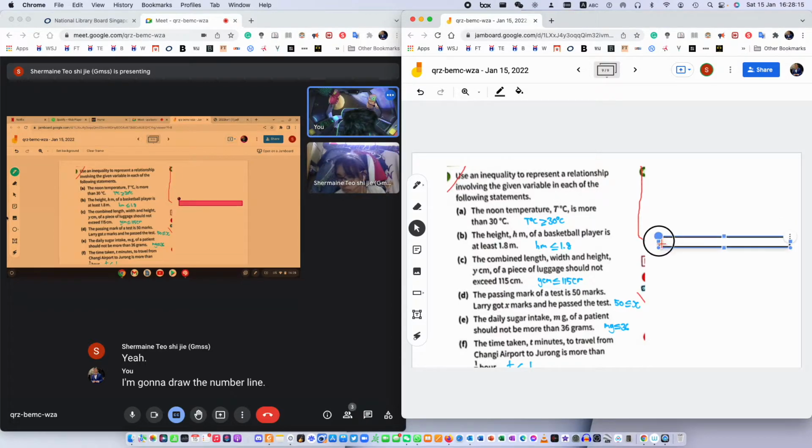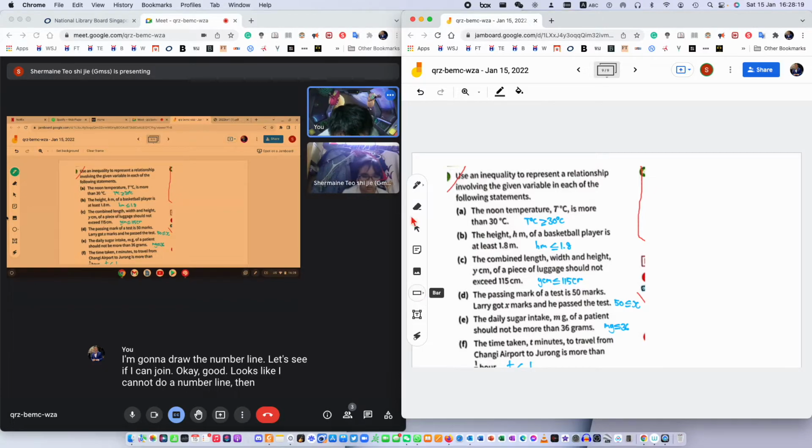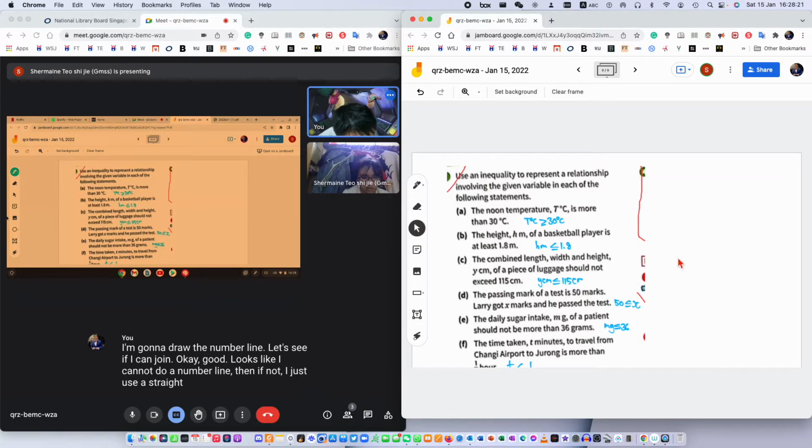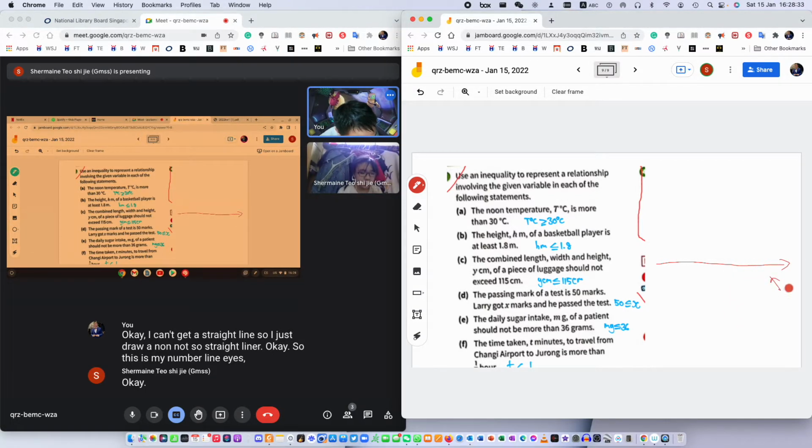Looks like I cannot draw a number line, so I just draw a not so straight line. So this is my number line.